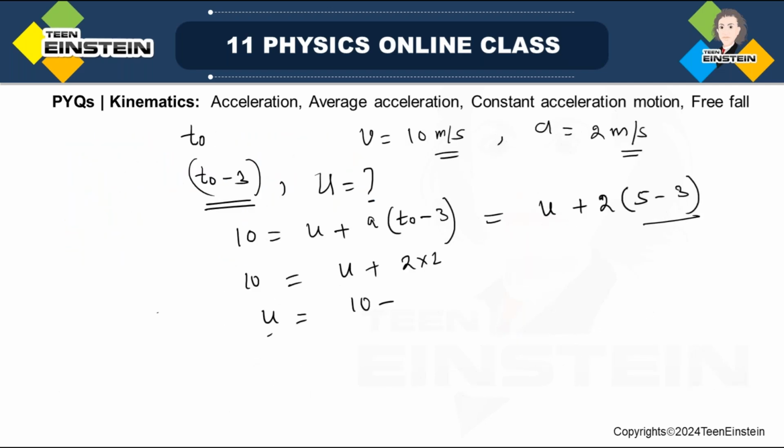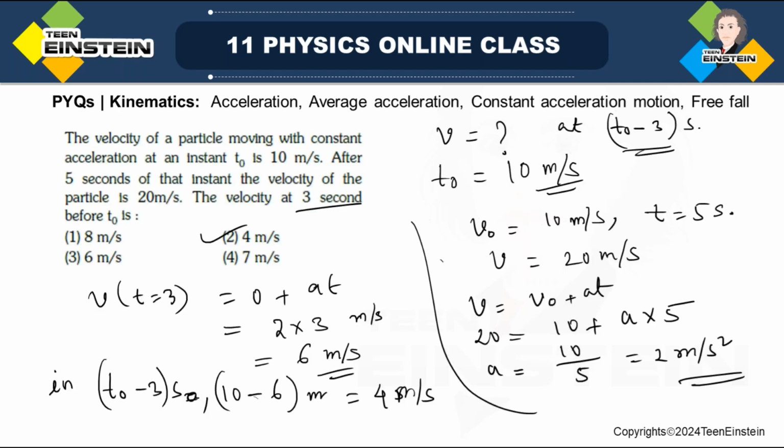Six meter per second I'm getting. No, I think then this is all right. What I have done, this is the answer, 4 meter per second. That is for sure.